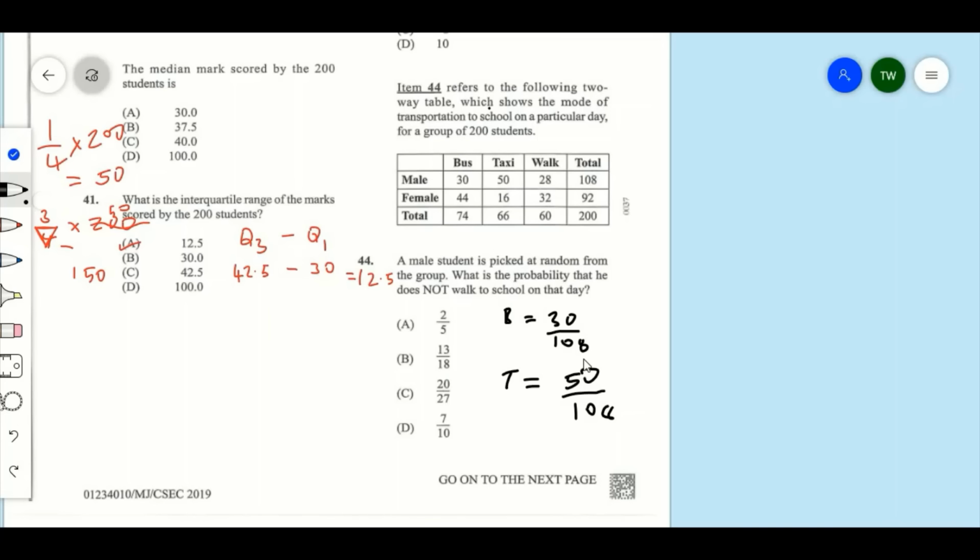Now, the probability of taking either bus or taxi is just going to be the sum of these two probabilities.